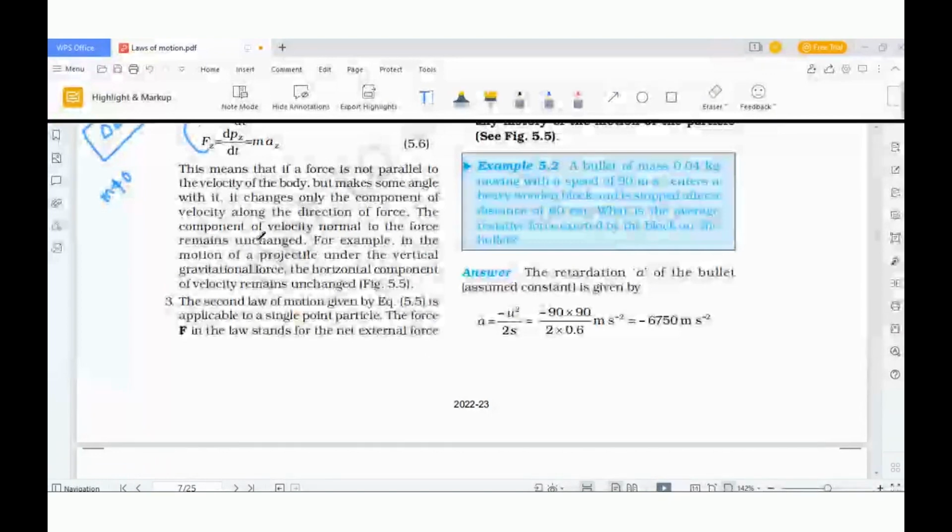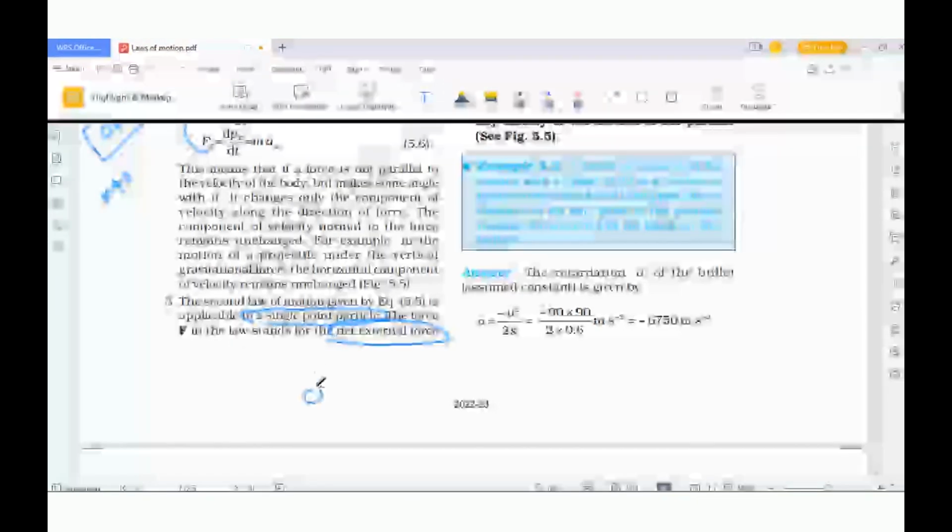The second law of motion given by F equals m into a is applicable to a single point particle. Here, the force F in the law stands for the net external force.